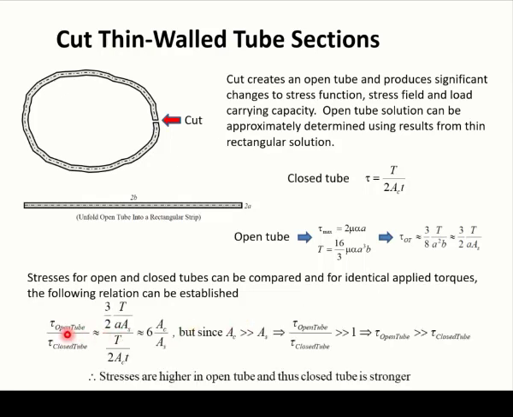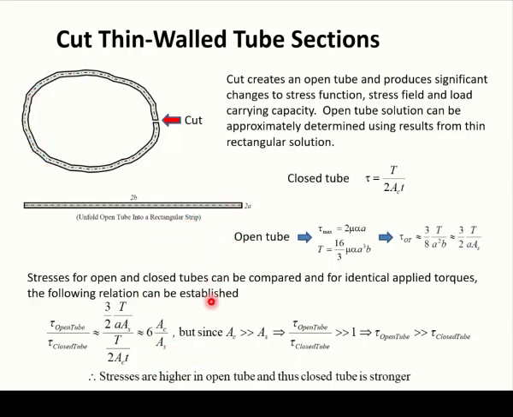And if you combine those two equations, if you take the ratio of your shear stress for the open tube to your shear stress for the closed tube, this is what you will get. Here they will cancel each other, and I know this A is half of my T, so if you combine this, it's almost 6 times the area enclosed by the center line divided by the area of the section.